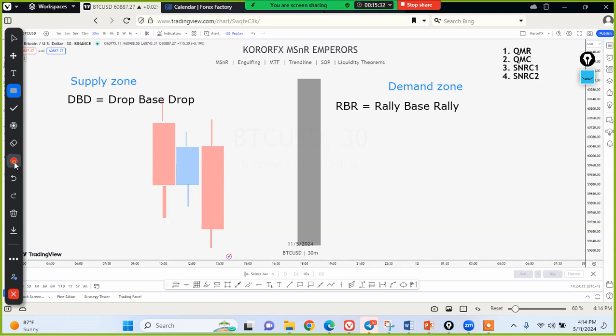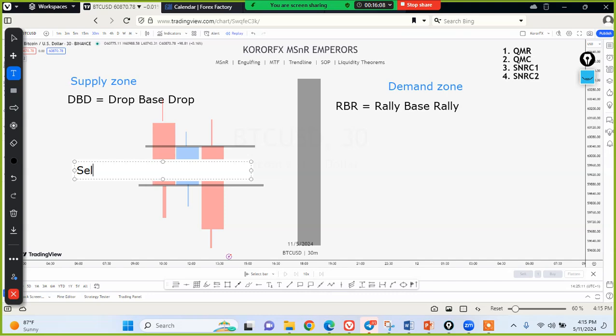So where is the base? When we're talking about the base, let me show you. This is the base. This candle, which is the bullish, is forming the base. This is also another low. So this zone is your selling zone, guys.